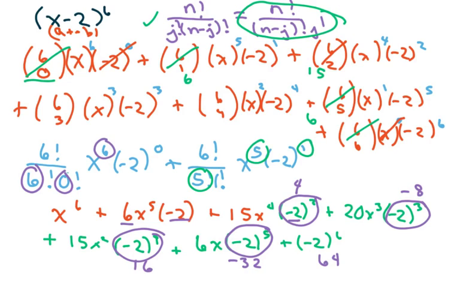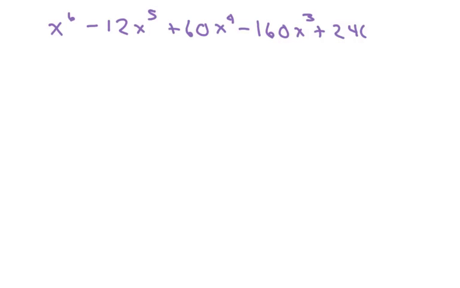And I'm going to multiply all this together, and you're going to get x to the sixth minus 12x to the fifth plus 60x to the fourth minus 160x cubed plus 240x squared minus 192x plus 64.